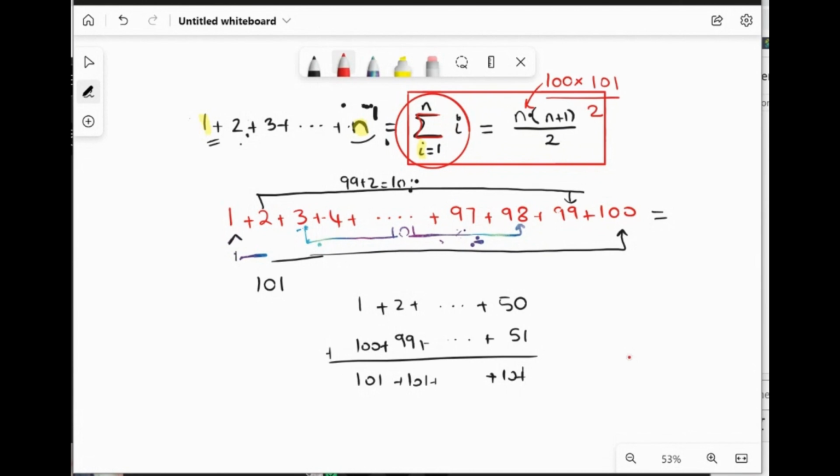Okay, so in fact, there are 50 of these sums. So this is in fact 101 times 50. So the shortcut would be just multiply 101, which is n plus 1, times half of the higher number.